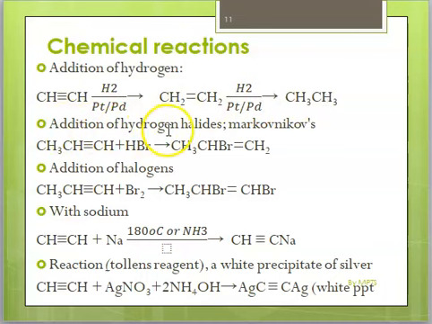Addition of hydrogen halides follows Markovnikov's rule. Again, the hydrogen attaches on the carbon with more hydrogen. However, this one can also go further if it is in excess. Addition of halogens. With sodium, you form the product, and also Tollens' reagent, a white precipitate is formed.